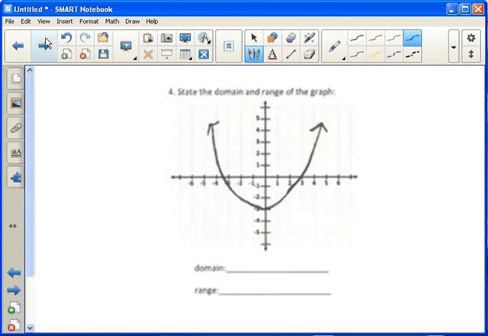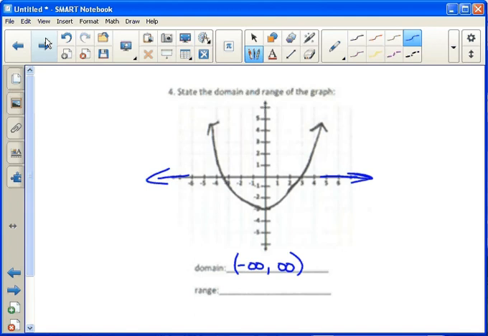Again, state the domain and range. Well, if domain is left and right, we never ever stop going left and we never ever stop going right. There's nothing there to tell us that we stop going either direction. So that means our domain will simply be from -infinity to +infinity. And our range is the y values. It's how high and how low we go.